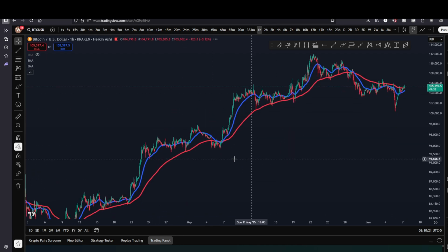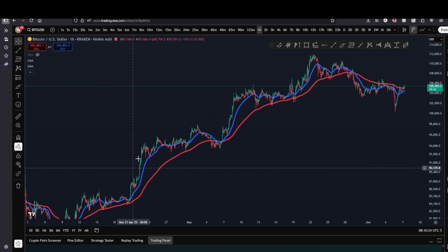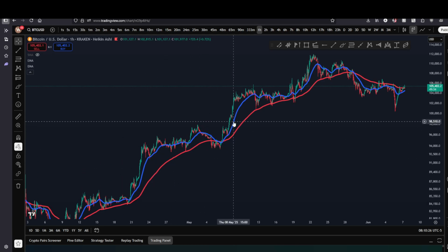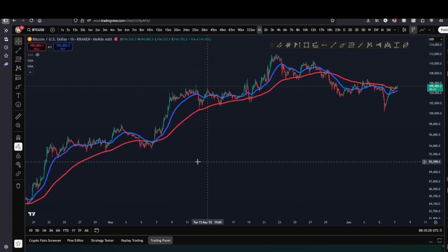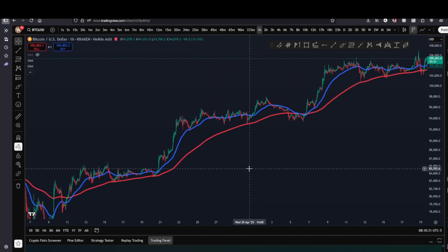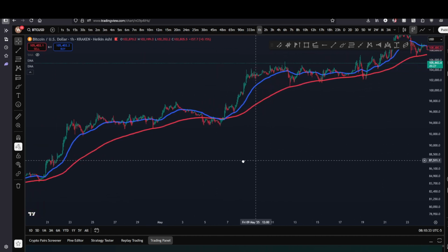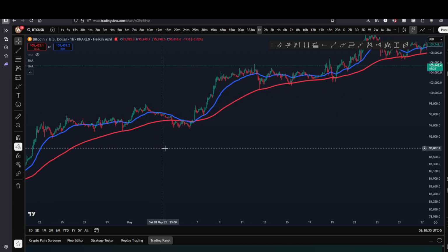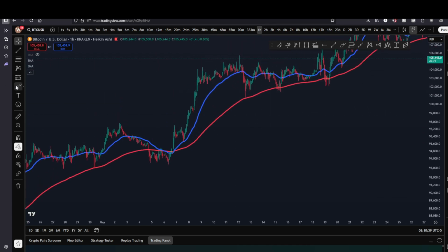Now, I don't care about any of this action. I'm looking at very specific points, okay? So what you're looking for is whenever the 50 EMA crosses the 200, right? So let's identify an area. So right here.